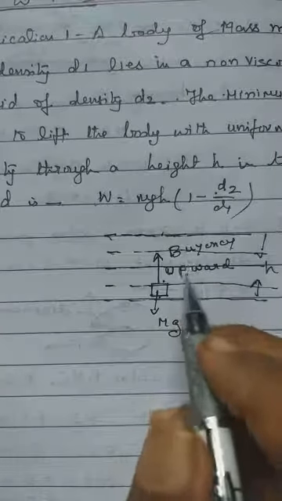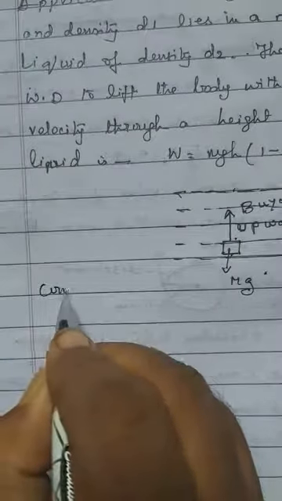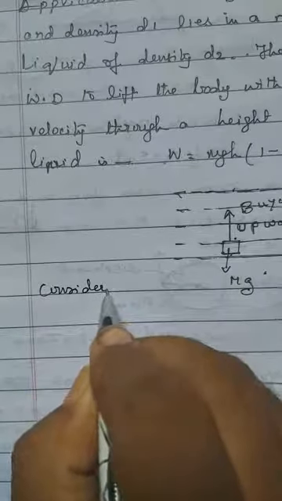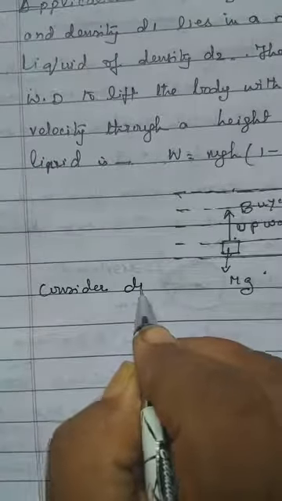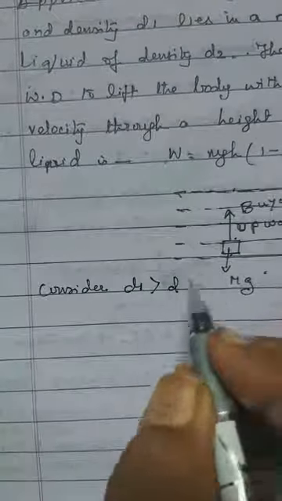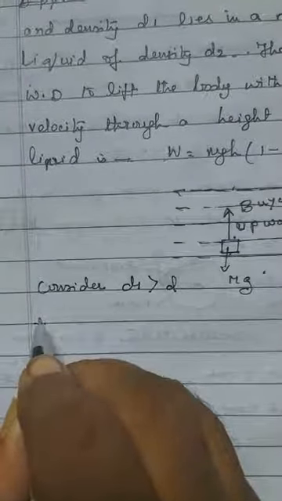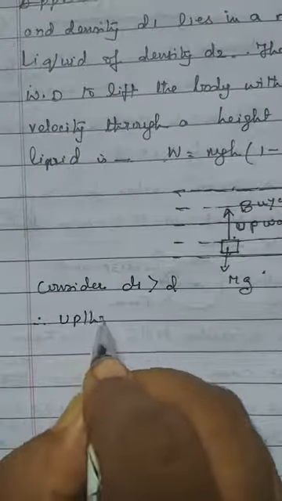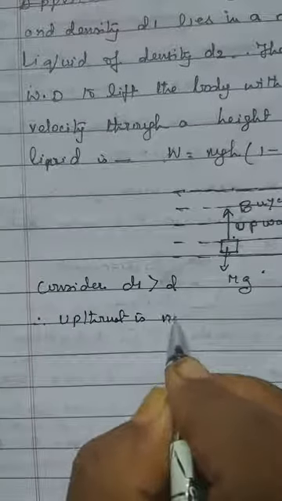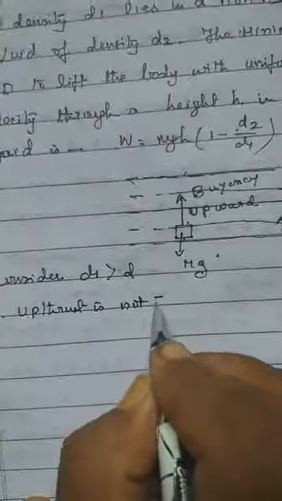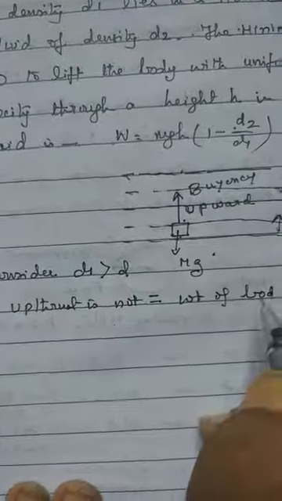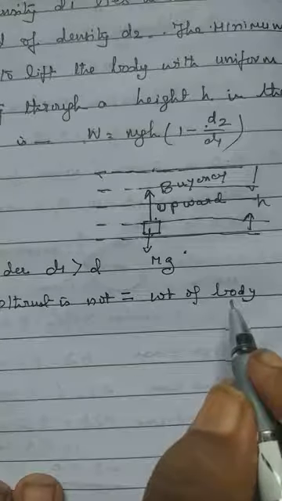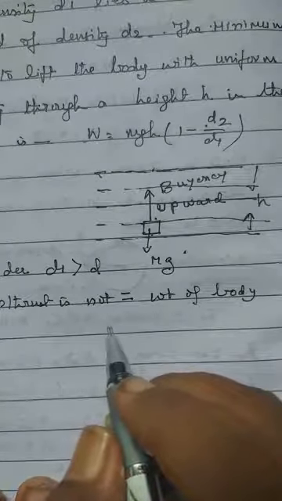Because the upward force is given, and consider here that the density of the body d1 is greater than the density of the liquid d2, because it has sunk. Therefore, the upthrust is not equal to the weight of the body, or weight of the object.